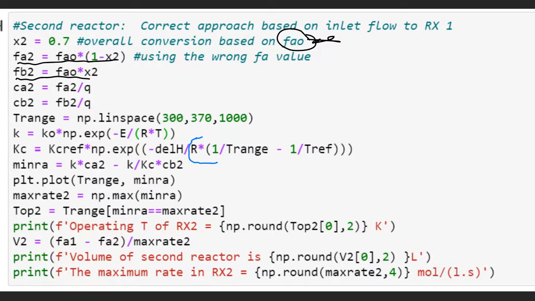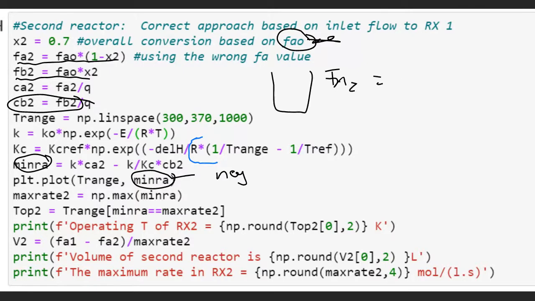No, because I calculate this as a positive amount, so I'm calculating negative RA, so it's probably better to say negative. CB2 doesn't include... nope. CB2 is correctly calculated here because I use the actual flow rate from this reactor, FI2 out, which is equal to FI0, whatever was coming in times what was converted.